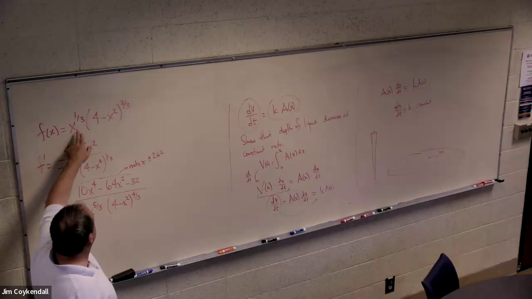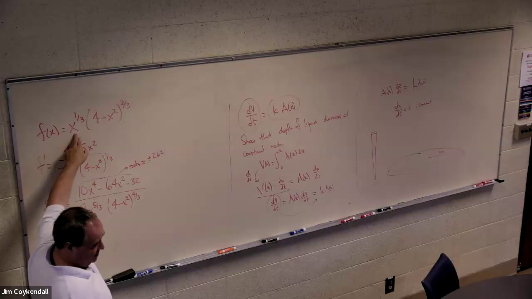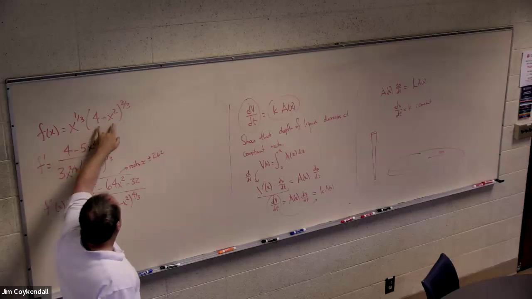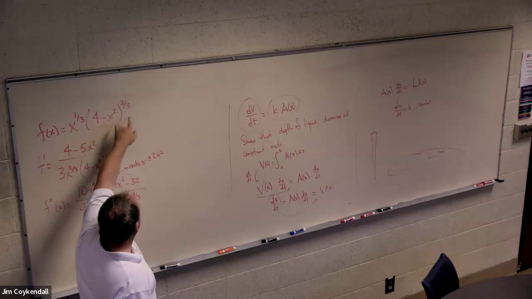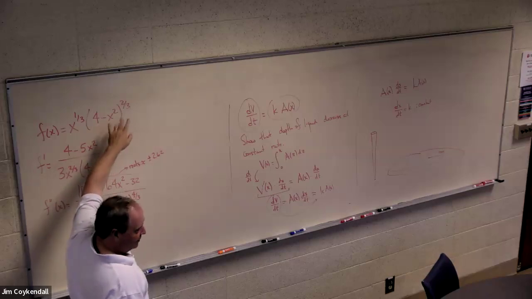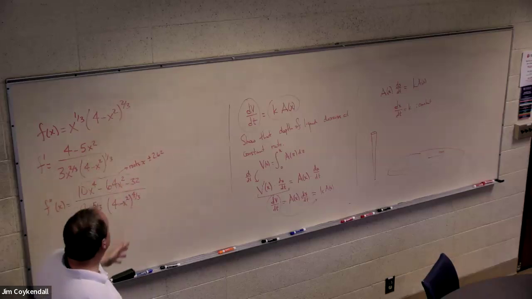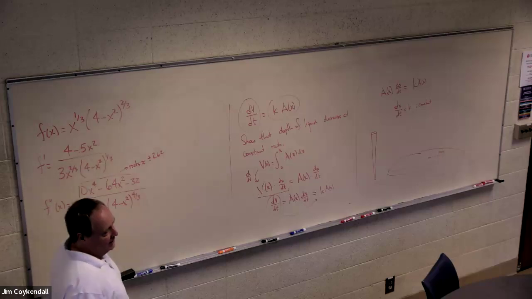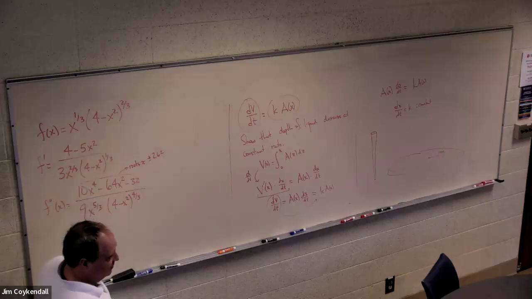Would everybody agree that I can plug anything into the x to the 1/3? Right, that's the cube root, which can be negative or positive. And I can plug in anything for 4 minus x squared, then I take it to the 2/3 power. There's no harm in that. So it looks like this function, whatever I draw, should be continuous here.